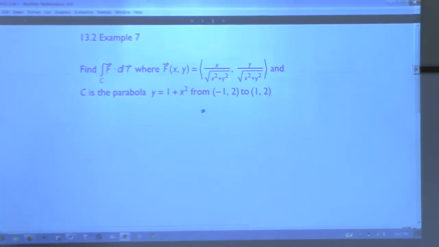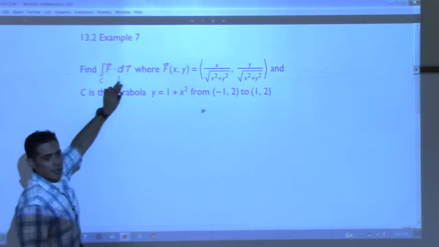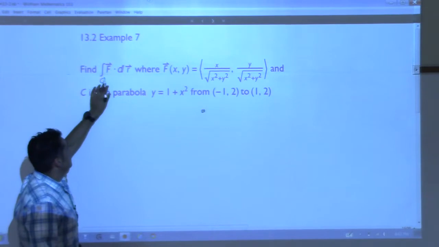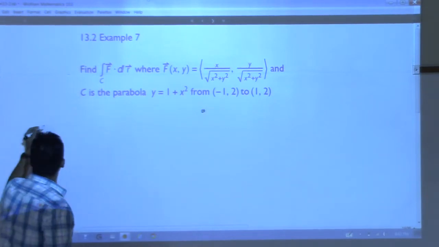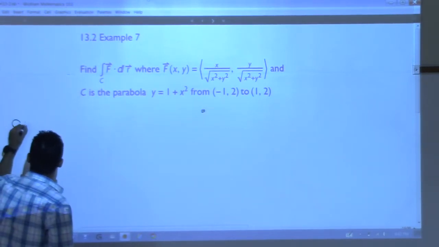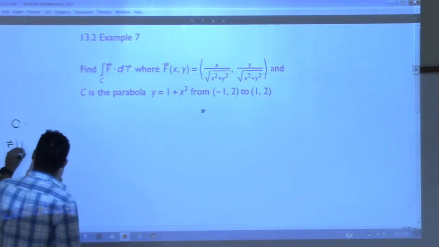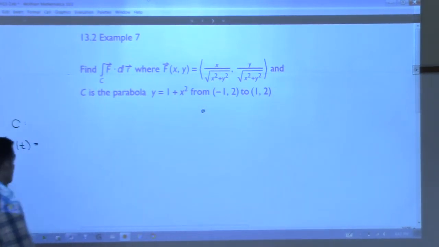Sure. We're trying to calculate the work integral, right? We need to go back and probably start here with C again. What is our parametric or vector function representation of that?